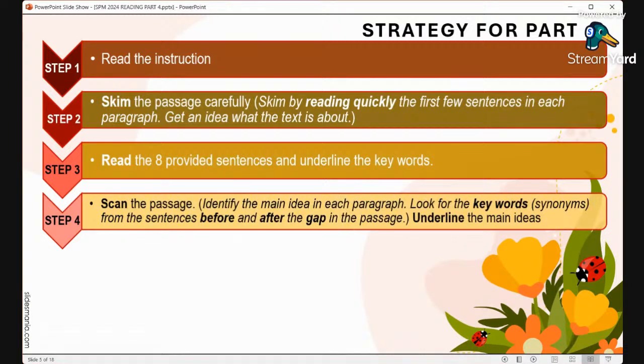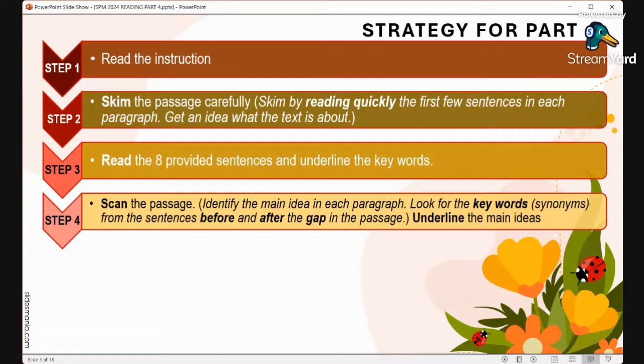And then now you start scanning the text, because you actually want to get into details. What are you actually looking for? So you may want to start underlining the main ideas in each paragraph. Usually you look for keywords from the sentences before and after the gap.